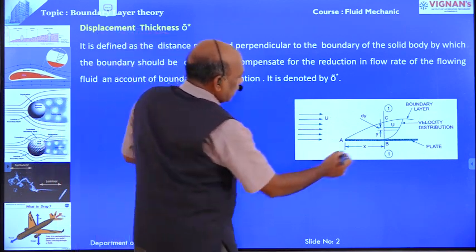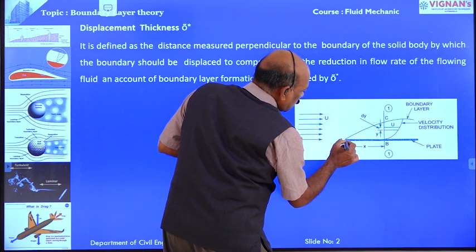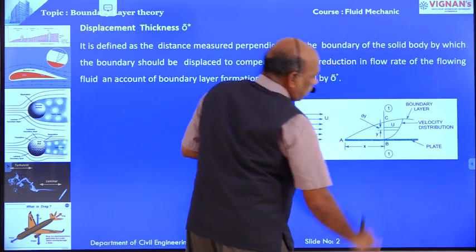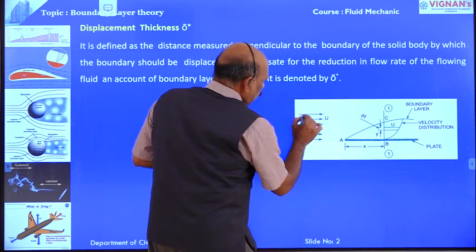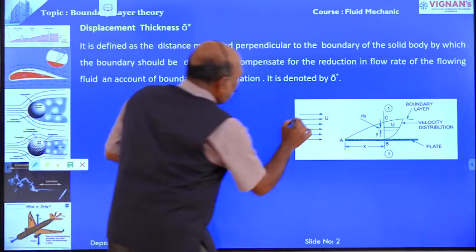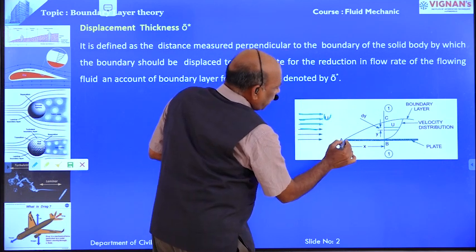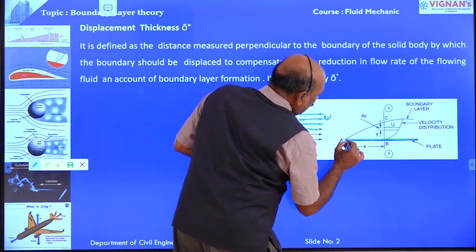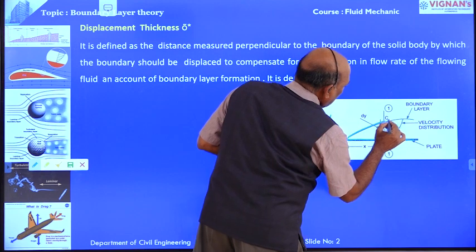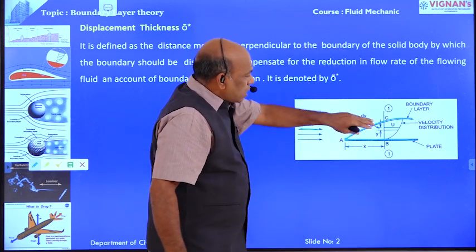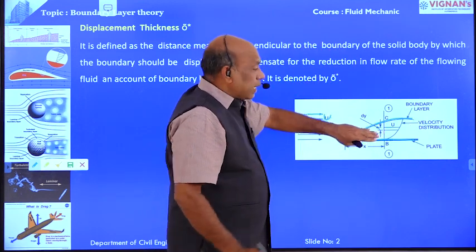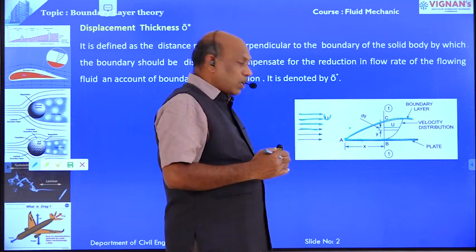Already I have explained, this is the solid body. Once the water having free stream velocity U is flowing over the solid body, automatically we have the boundary layer. Because of the boundary layer formation, there is a reduction in the rate of flow.